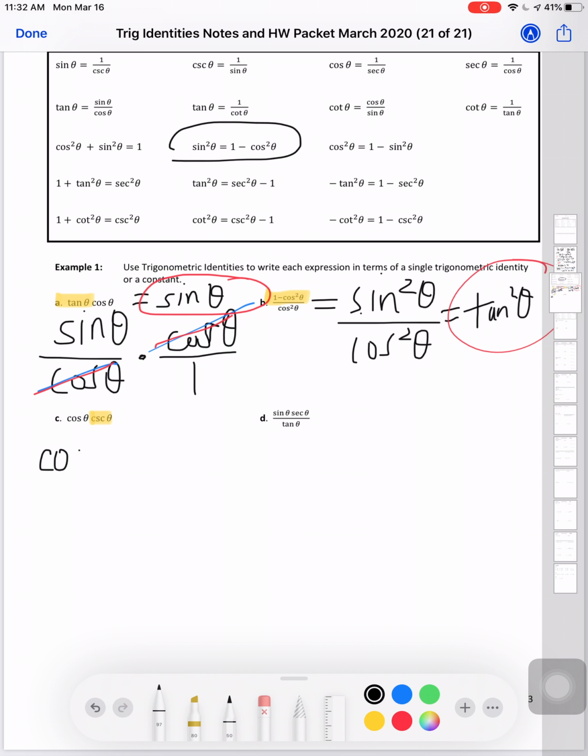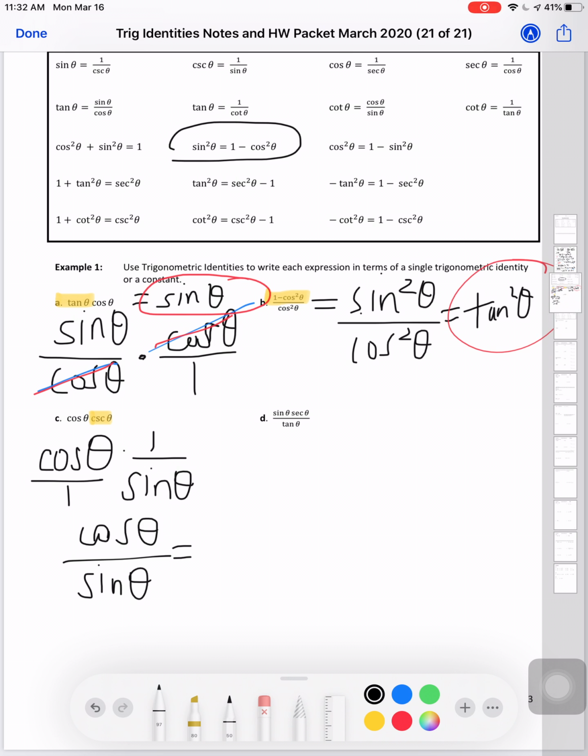I'm going to keep the cosine the same, and I'm going to change cosecant to 1 over sine and put that over a 1. If I multiply straight across, then I get cosine of theta over sine of theta. And from up in my chart, if I have cosine over sine, then that is cotangent of theta. So that one will simplify to be that single function.